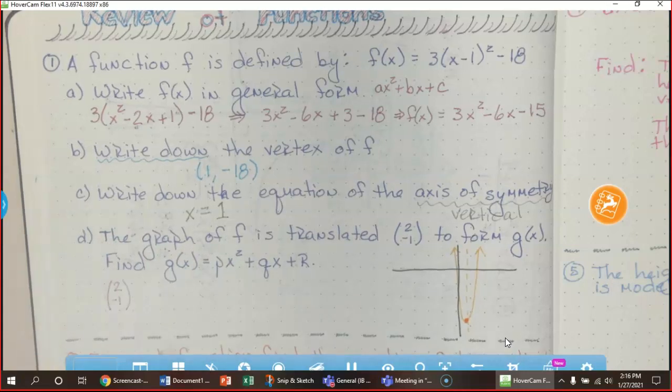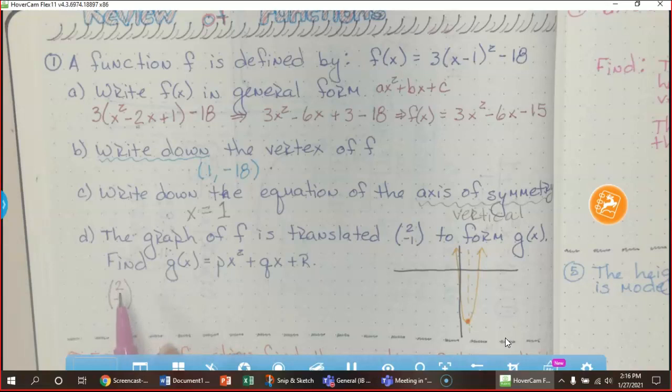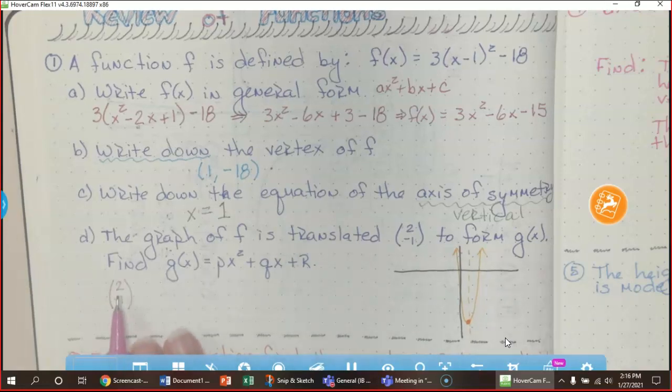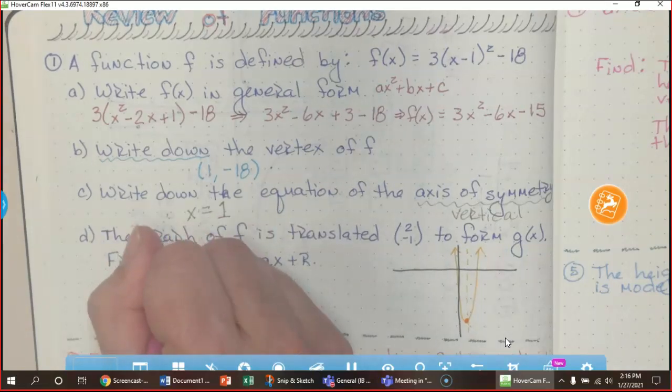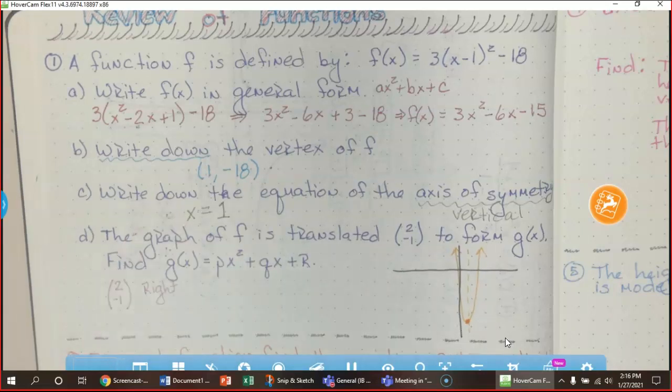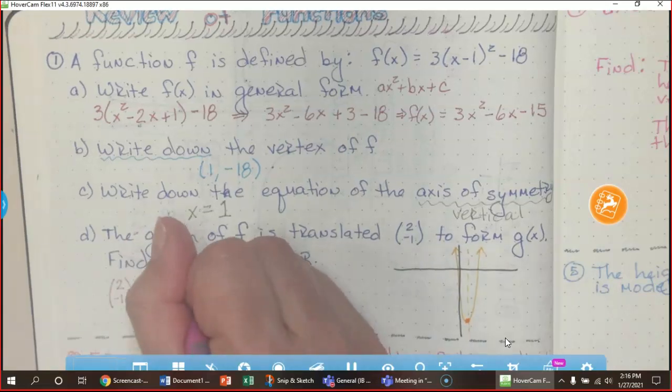All right. Remember, in translation world, the top number always tells me left or right. The bottom number always tells me up or down. So this right here is a translation. This is not function notation. So that's a +2. That tells me to go to the right 2 times. Okay.